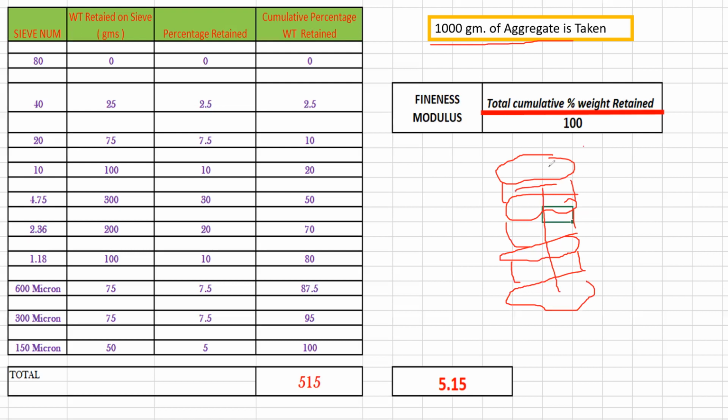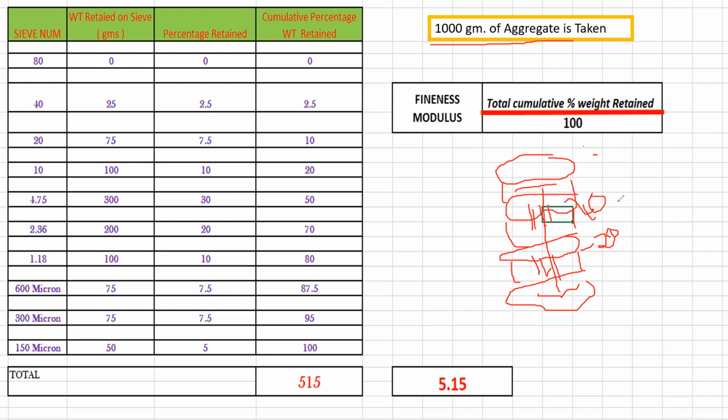Let us say this is my 40 mm size of the sieve, and if the aggregate size is, let us say, 20 mm, then it's going to pass through this sieve, and it will be retained on this. And even if it is smaller than 20 mm, let us say 10 mm, then it's going to pass through this, and it's going to settle here, right? So this is how those things are going to happen.